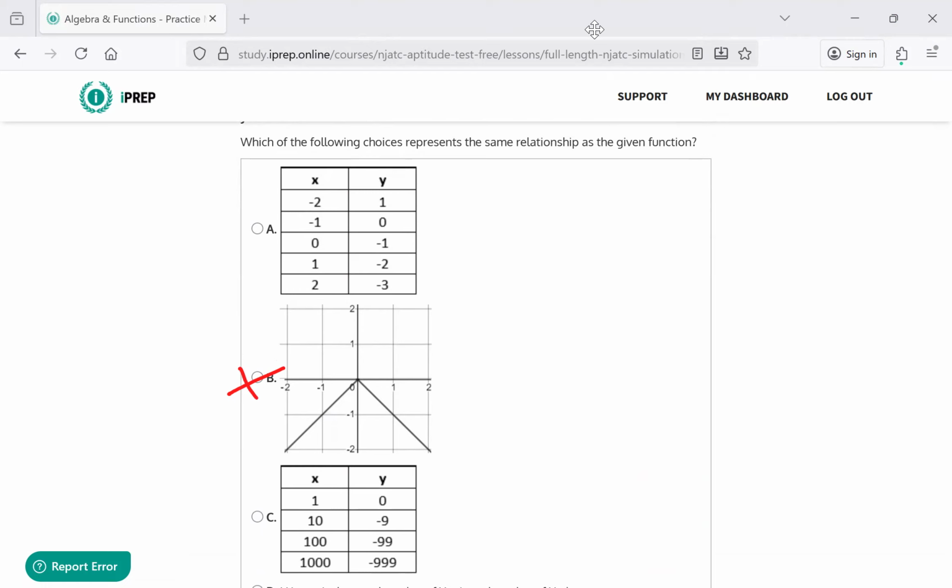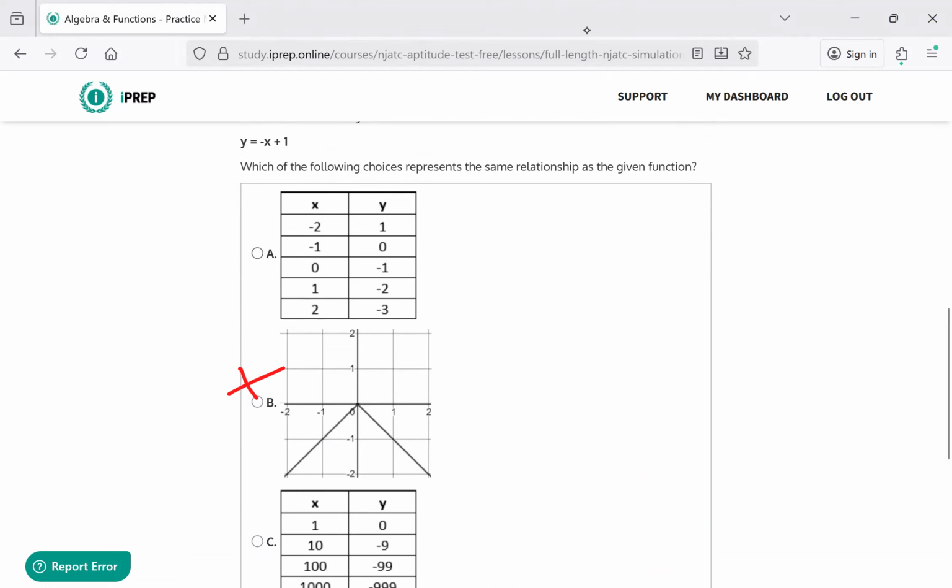Let's see if A works. So they give us a table. Let's see if this really is a true table. So our function is y equals negative x plus 1, right? And then I'm going to replace my x. Let's try when I plug in negative 2, does it really spit out 1?